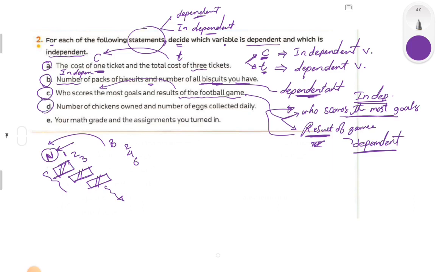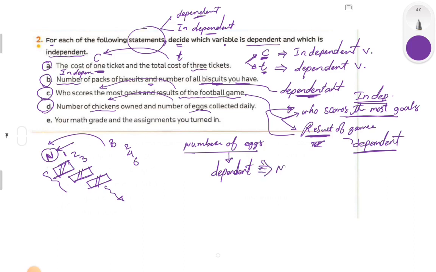Okay, D, number of chickens owned and the number of eggs. Of course, the number of eggs depends on the number of chickens. So this variable is dependent or independent? This is a dependent variable. Depends on what?